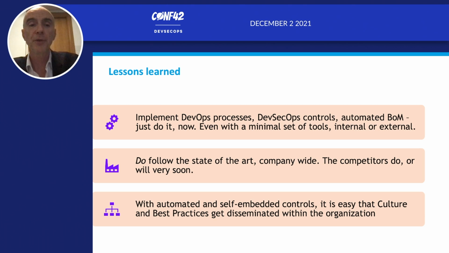And the third lesson: with the automation that we've implemented and the self-embedded controls like the security ones I have described, it's very easy for the culture and the best practices to get disseminated within the organization.